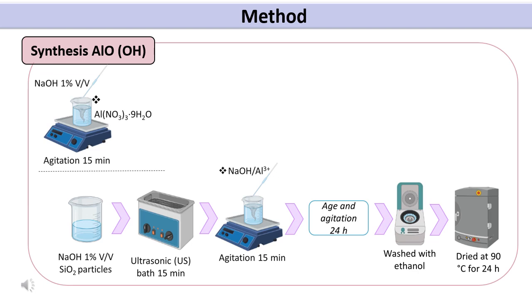Subsequently, the solution was added under constant agitation, drop by drop, to the sodium hydroxide solution. The resulting solution was aged under agitation for 24 hours, then centrifuged and washed with ethanol. Finally, the samples were dried at 90 Celsius for 24 hours.